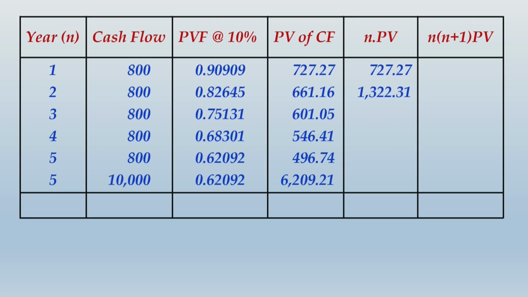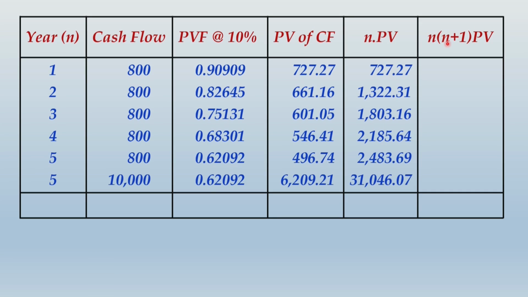When you take the N into PV values, it actually becomes a platform for computing the base for convexity as well. Just keep in mind that we have taken N in place of T. You can write number of years as N or T, it doesn't matter.